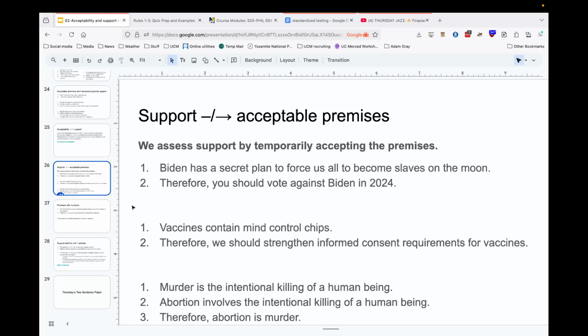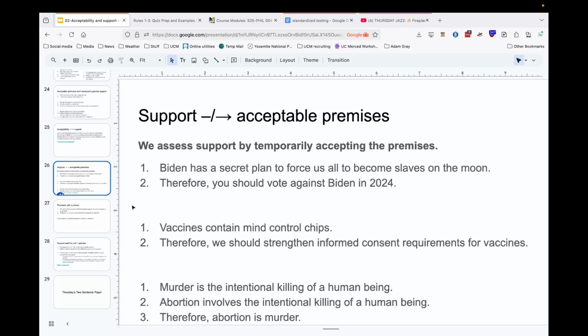Yeah. So, are you basically saying that this is acceptable? What I'm saying is these two premises together, if we temporarily accept them, whatever our other feelings, whether we would actually accept them or not, provide a pretty compelling argument for the conclusion.